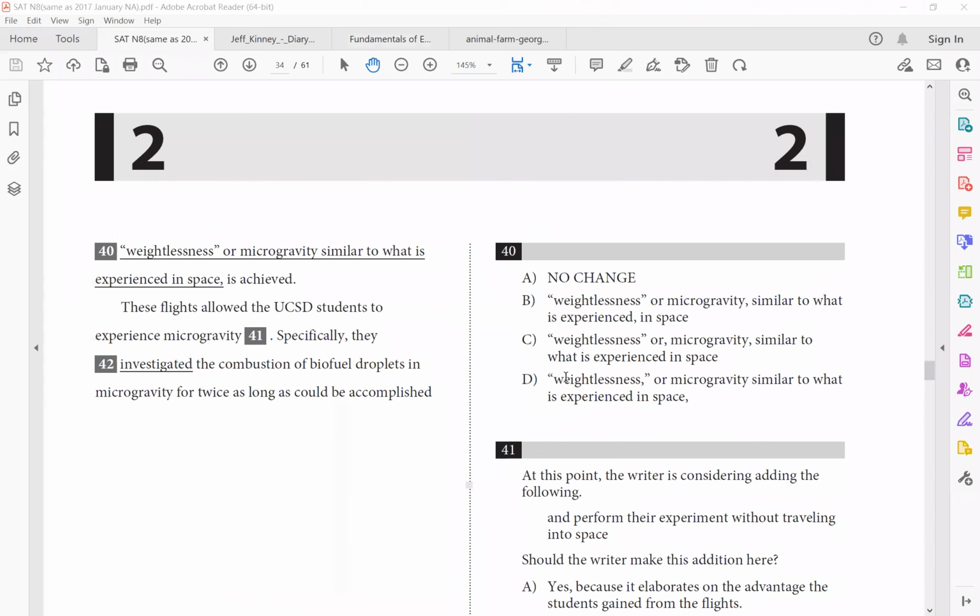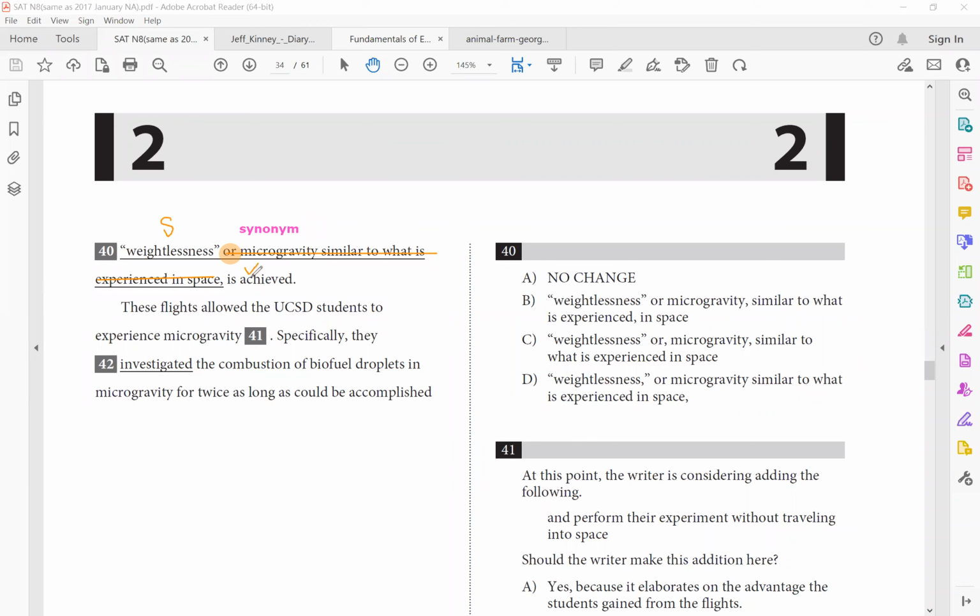For number 40, we see punctuation again, which is essential or non-essential. Whenever you see the word or, whatever comes after or is a synonym, and synonyms are non-essential. Weightlessness is the same as microgravity, similar to what is experienced in space. After you cross out this whole thing, you still have a complete sentence: weightlessness is achieved.